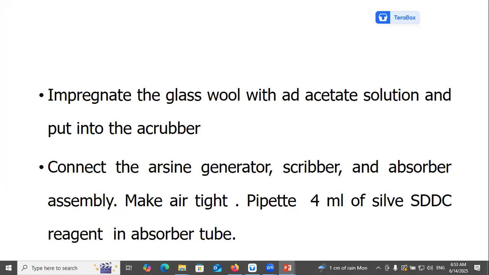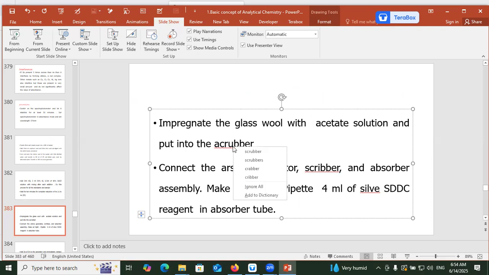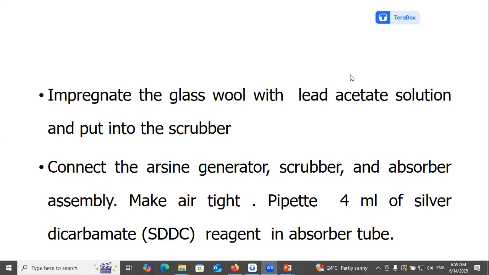Impregnate the glass wool with lead acetate solution and put into the scrubber.